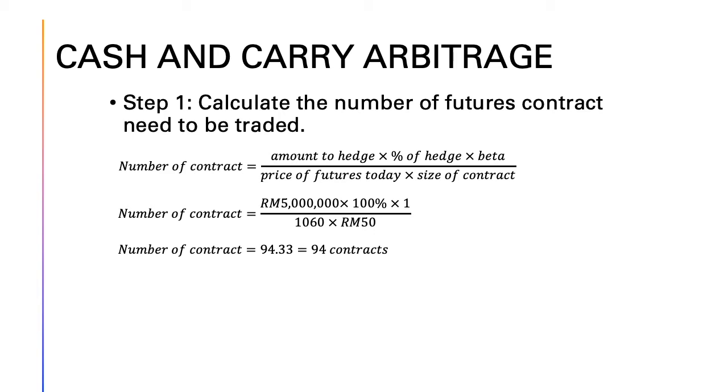Beta of the portfolio is also not given in the question, so we assume equal to 1. Price of futures today is 1060. Size of contract for FKLI is 50 ringgit per contract, so you get 94.33, so you get 94 contracts.